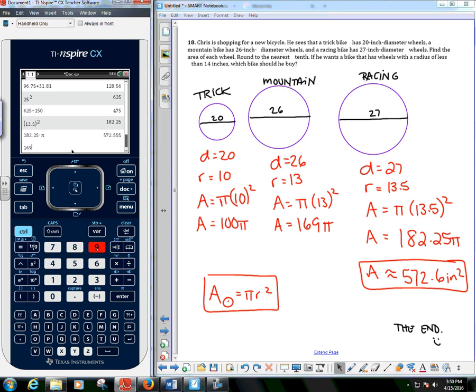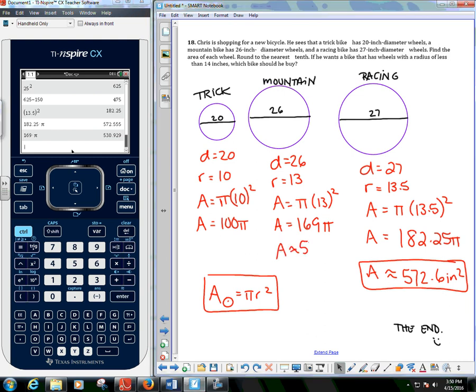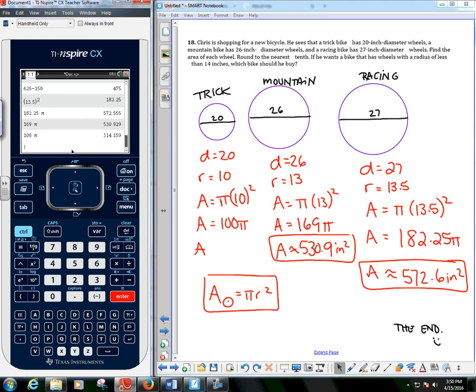So 169 times pi, rounded to the nearest tenth, is 530.9 square inches. And then 100 times pi gives us 314.2 inches squared. I got to write really tiny for this.